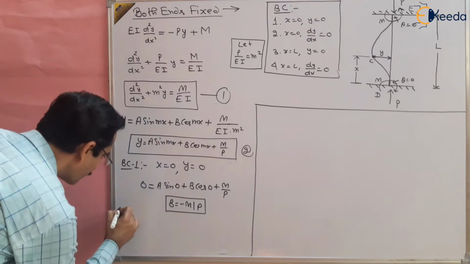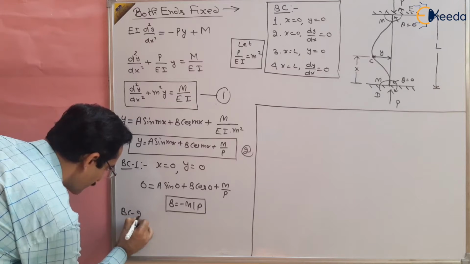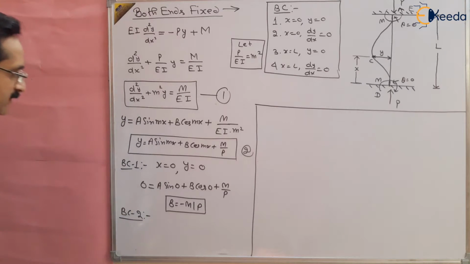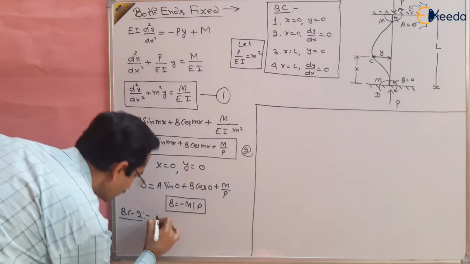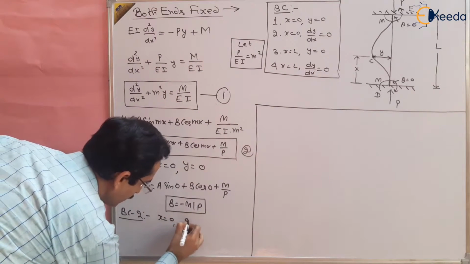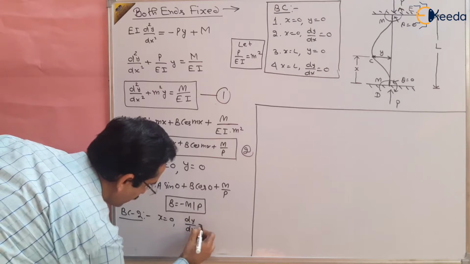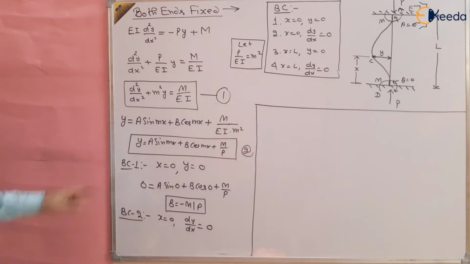Second boundary condition, boundary condition 2, that is x is equal to 0, slope is also equal to 0. So at x equal to 0, dy by dx will be equal to 0. But what is dy by dx?